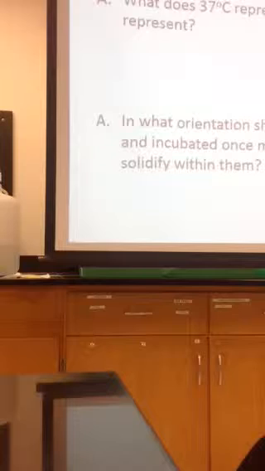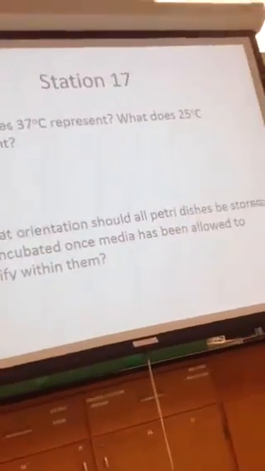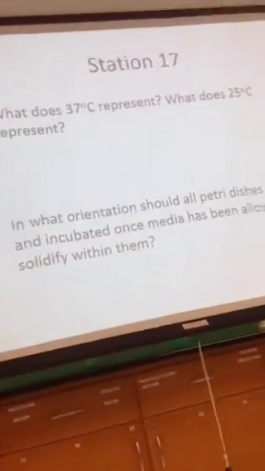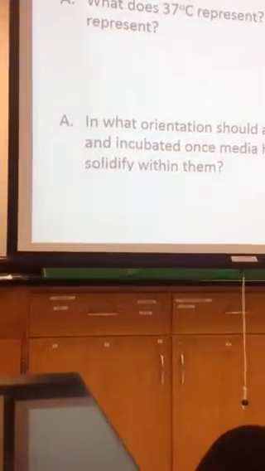We already talked about this. 37 and 25 degrees. What does each represent? Body temperature and room temperature. How do we store our Petri dishes? Upside down. Why is that? It's just the way you do it. I love that answer, but it's not exactly what I'm looking for. Have you ever gotten a cold drink out of the fridge and taken it outside?